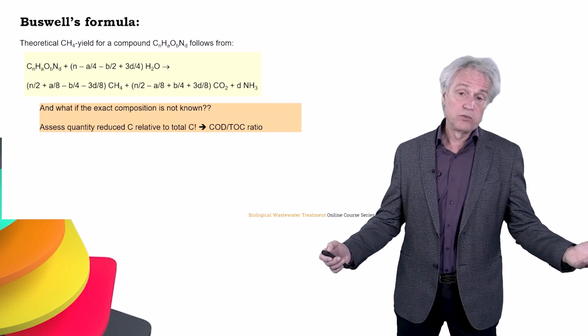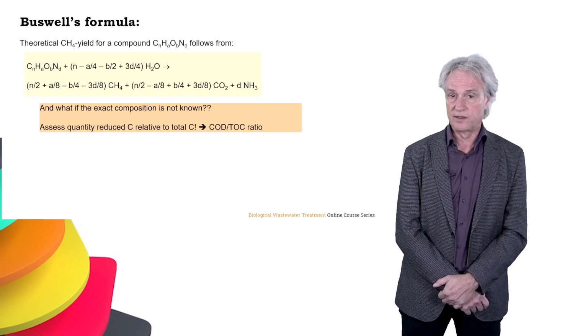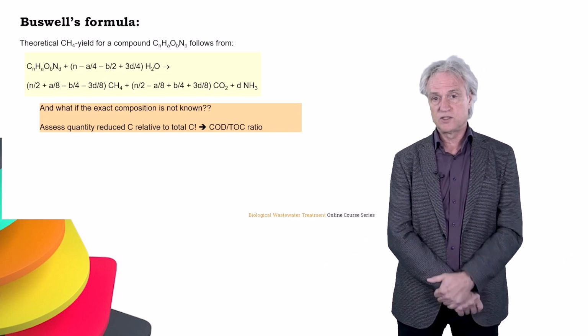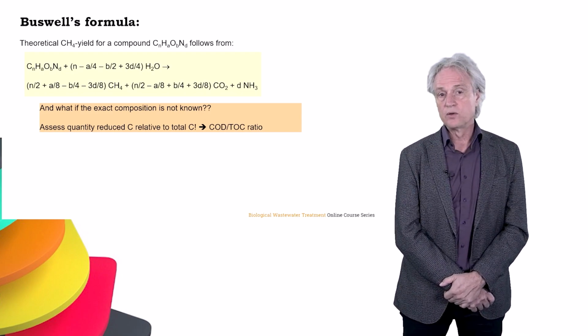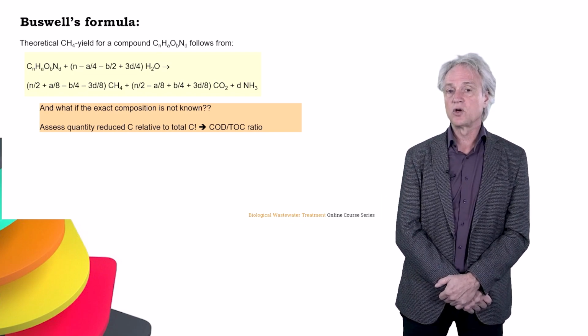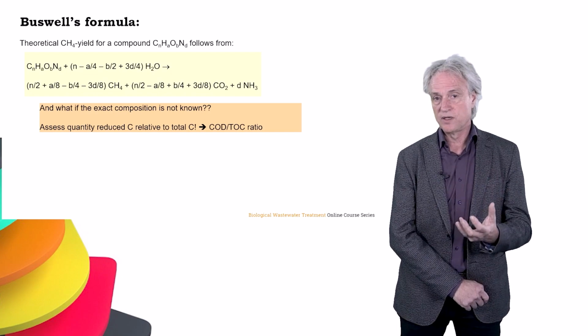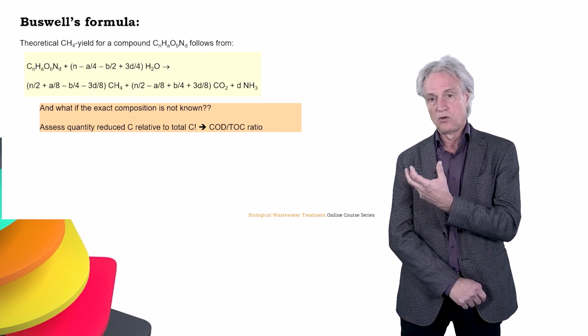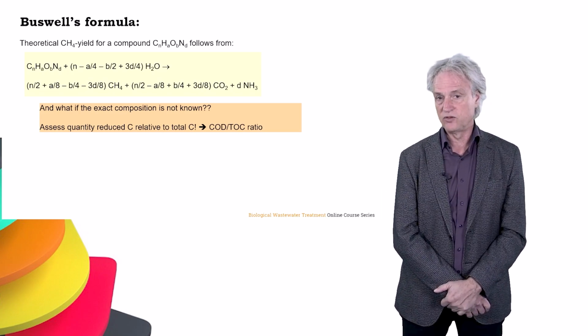Now, we're working with wastewater, so generally we do not know what type of compounds are there. So how do we address this? Well, we can also assess the quantity of reduced carbon relative to the total carbon, or the COD divided by the total organic carbon ratio, the COD/TOC ratio.